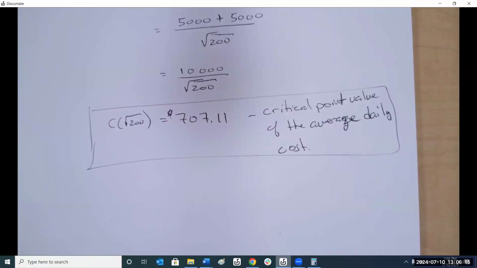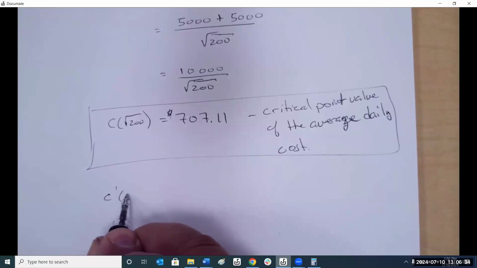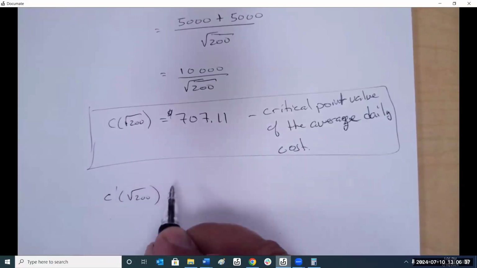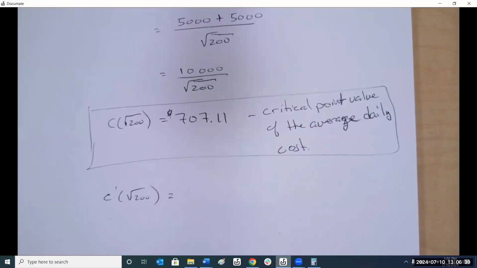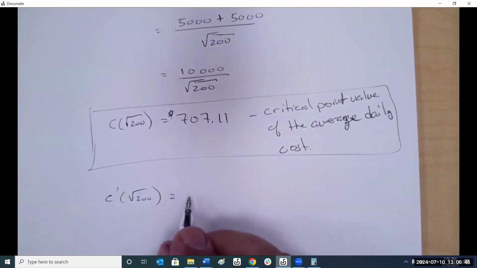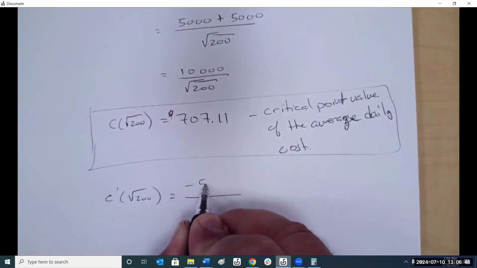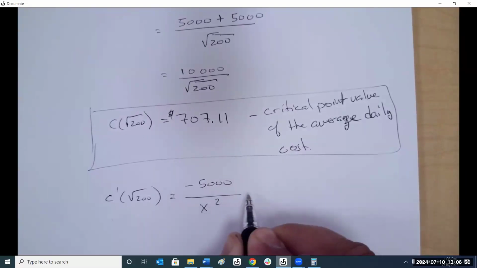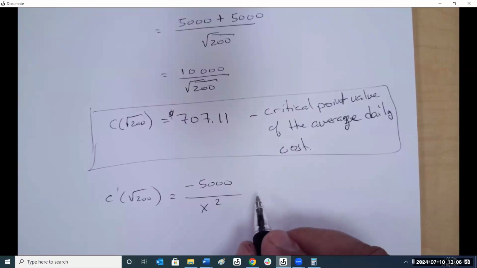Square root of 200 is the X value again. That's the X value. X value is the number of items we're looking for. What is the first derivative find for us? We had the first derivative is negative 5,000 over X squared plus 25.